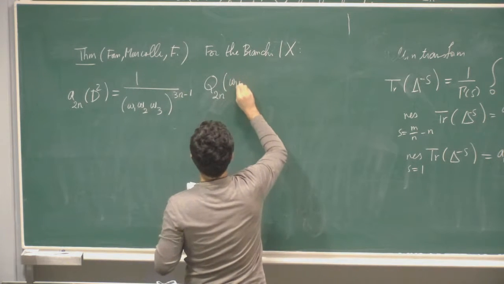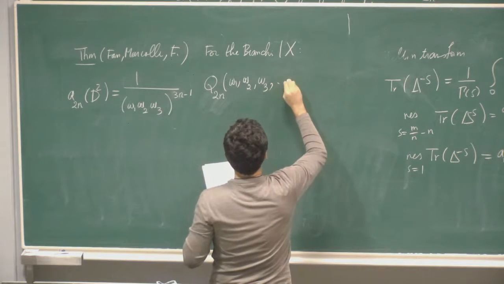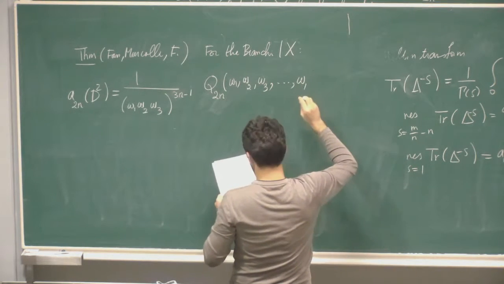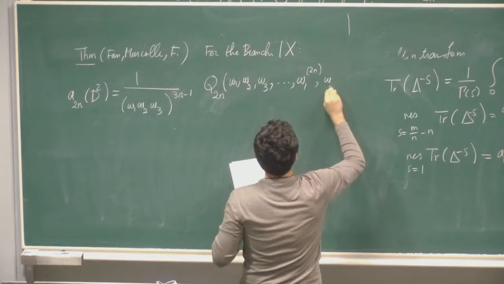So we have the expansion factors, W_R's, and then their derivatives up to order 2n with respect to time.